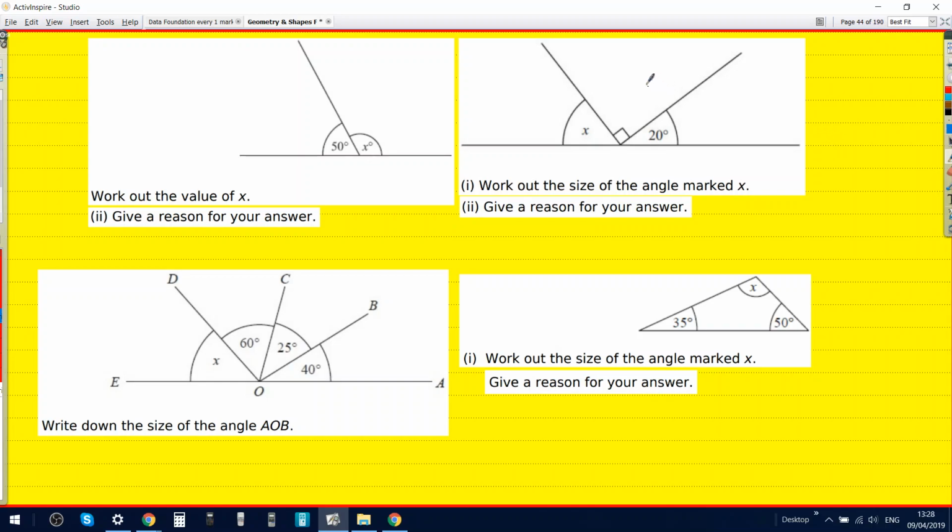Hold on. This one up here, is it? Yeah. Okay, so 180 minus 20 is 160. Would that make the middle angle 160? Do you know what this represents? It's a right angle. How big is a right angle? 90. Yeah.